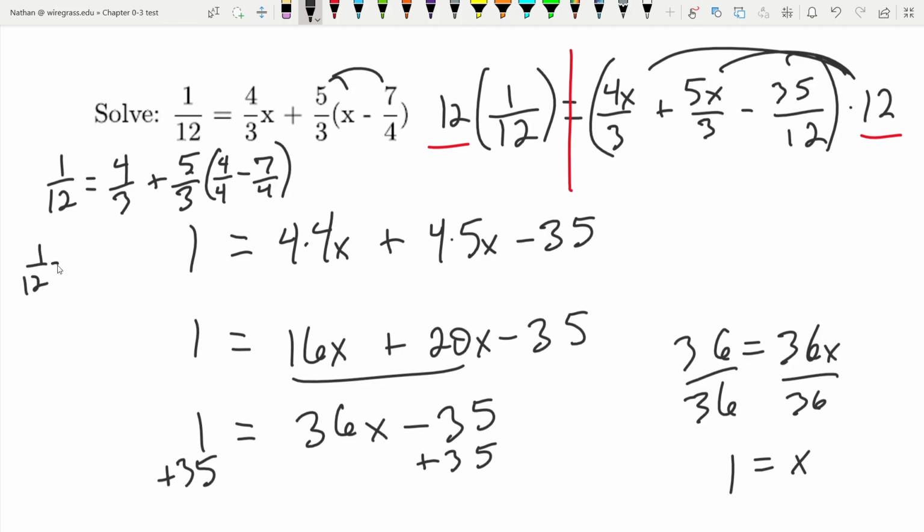We get 1 over 12 equals 4 over 3 plus 5 over 3 times negative 3 over 4. Those 3's cancel. This gives us 5 over 4. It's going to be negative as well.